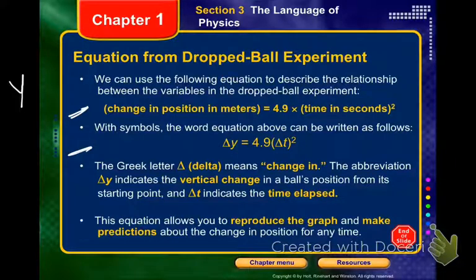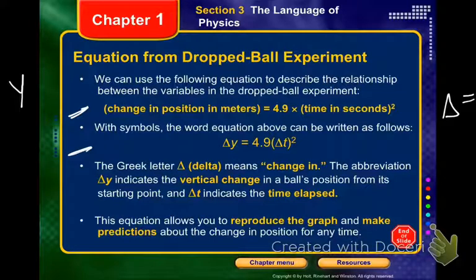So anytime the rest of this school year, when you see delta Y, it's going to have something to do with change in vertical position. Delta means a change in. If we look at a change in for delta, what does that typically mean? How do you define it?